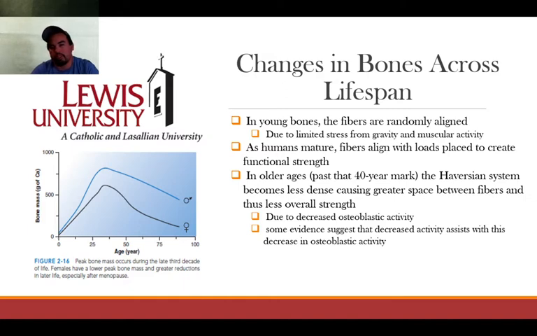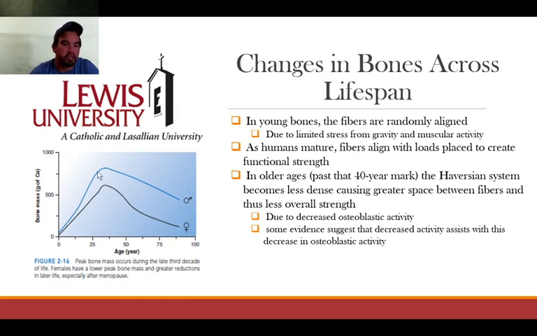I'm living more of a sedentary lifestyle, which then says that my body doesn't need to really fight off anything other than gravity and getting up and getting down and getting out of bed in the morning. So when that happens, my osteoblastic activity is going to decrease because I'm not asking much of it. I'm not asking it to repair too much because the body isn't receiving these micro traumas as it was when I was younger. And that's why you start seeing this reduction here.